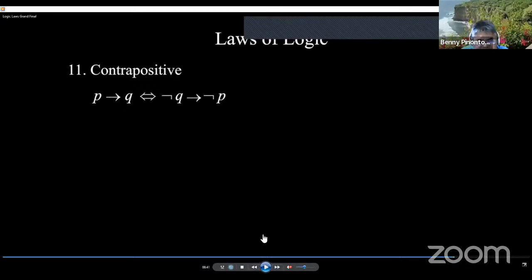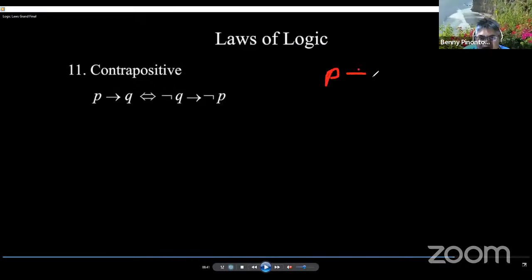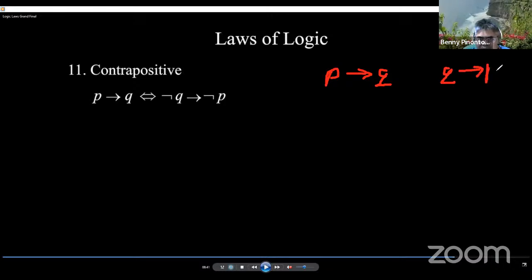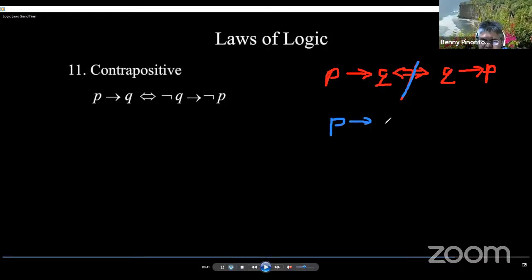Now again, implication is not commutative. So P implies Q and Q implies P are not the same, not equivalent. Yeah, so they are not equivalent.